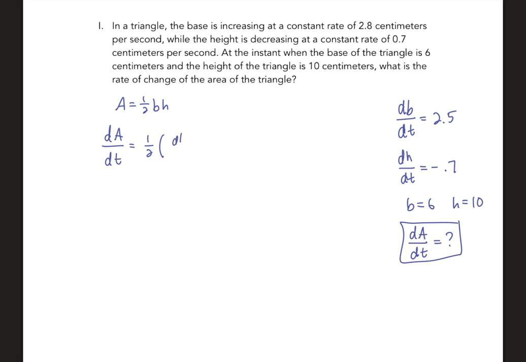So dB/dt times H plus dH/dt times B. We've got everything, so we'll just substitute. Okay, dB/dt is 2.5 times H, which is 10. dH/dt is negative 0.7, and B is 6.